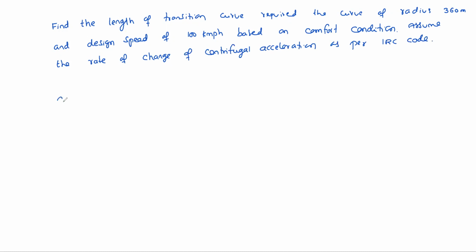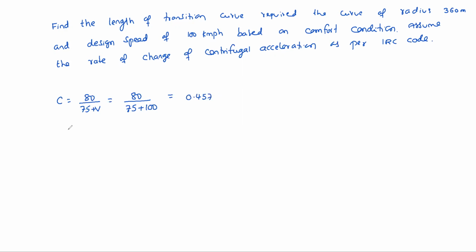So as per IRC code, C equal to 80 by 75 plus V, which is 80 by 75 plus 100, equal to 0.457.